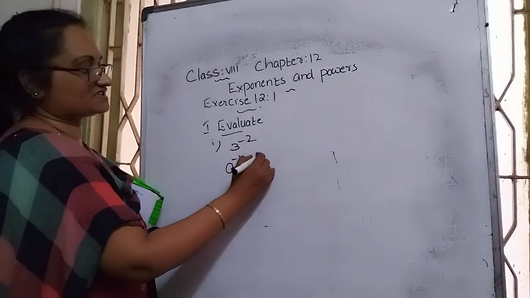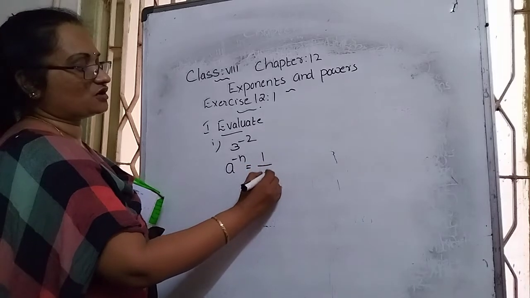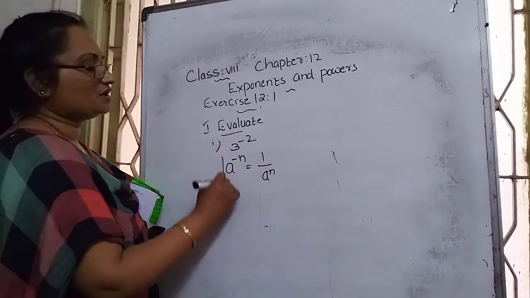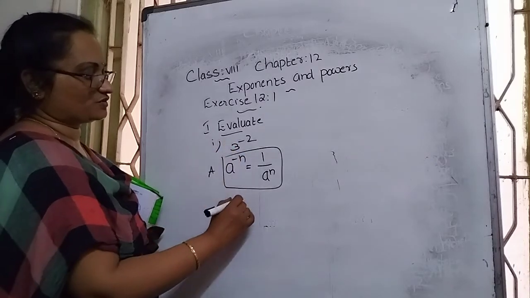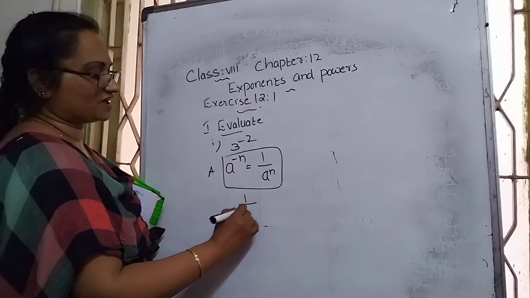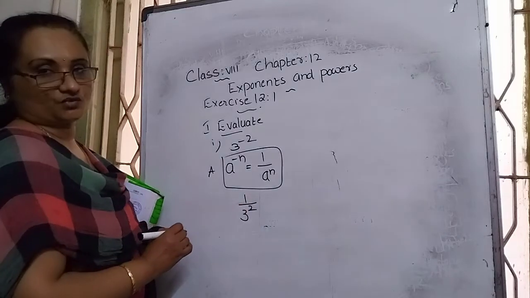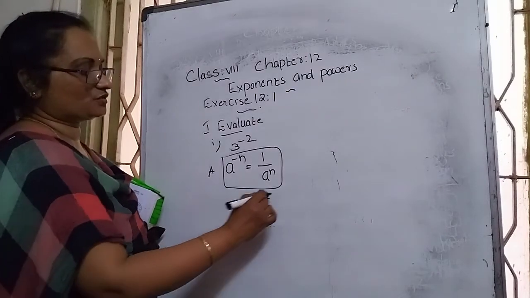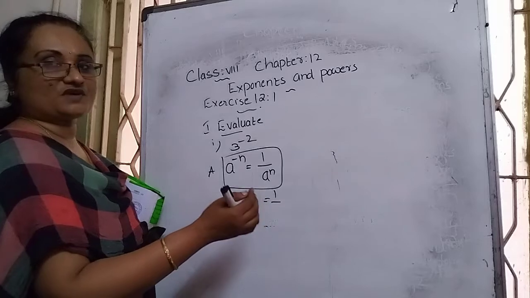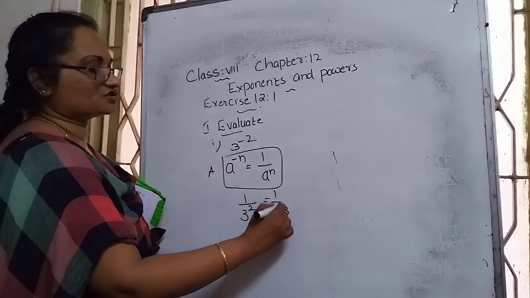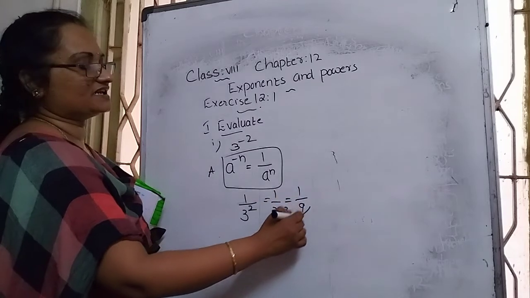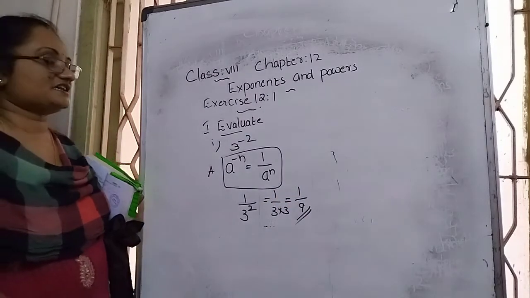How can we express it? As 1 by a raised to n. So 3 raised to minus 2 can be expressed as 1 by 3 raised to 2. 3 raised to 2 means 3 is multiplied 2 times, 3 into 3. 3 into 3 becomes 9. So the answer is 1 by 9.